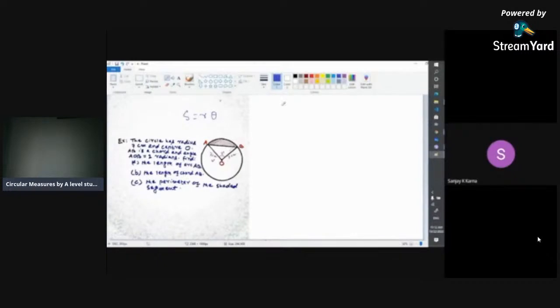For question A, you are given R equals 7 centimeter and theta equals 2 radian, and you have to find the arc length of arc AB. So the length of arc AB equals what?